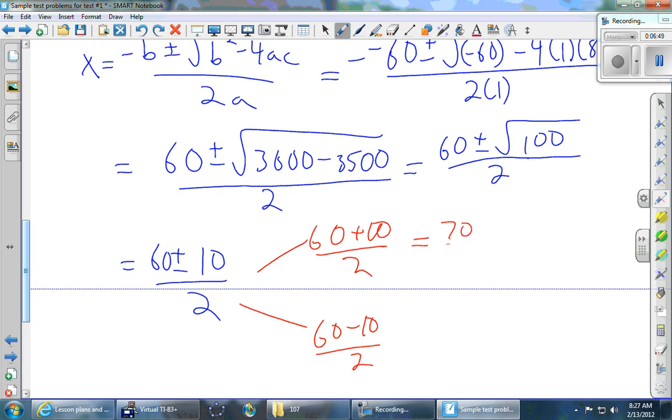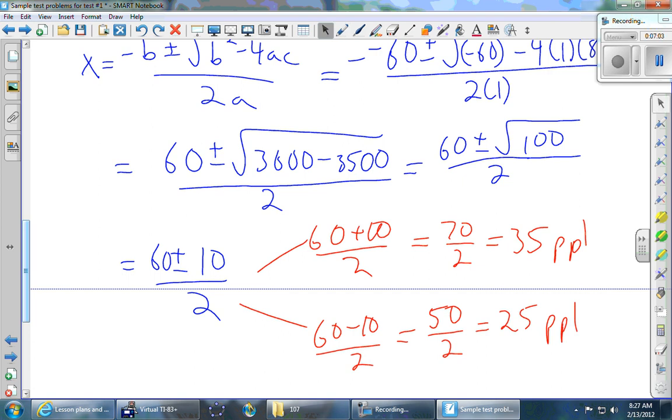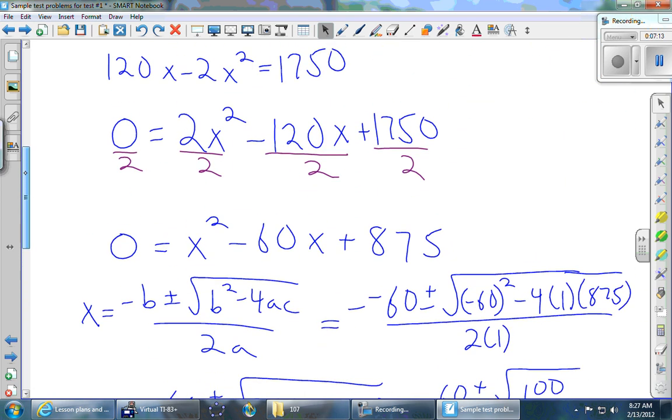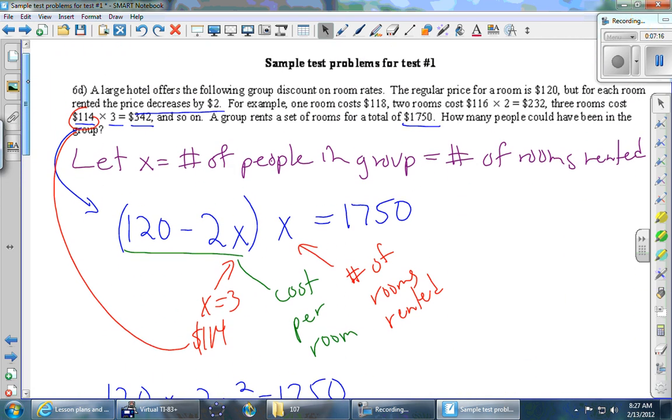So that's 70 over 2, which is 35 people, or 50 divided by 2, which is 25 people. Turns out that both things are possible, which seems quite strange that we don't know how many people were in the group, but it turns out that if you either have 25 people or 35 people, the total cost of all the rooms will be the same. It'll be $1,750.